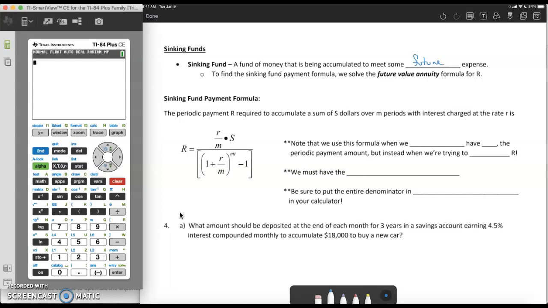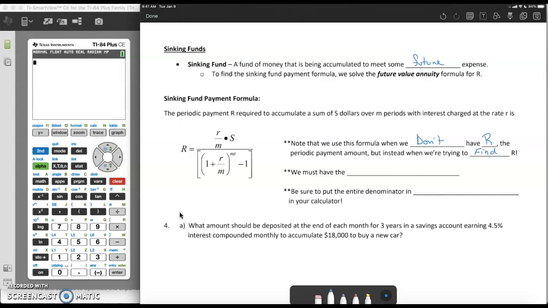It just so happens that in the sinking fund situation, this is when we don't have the big R, the periodic payment amount, but instead we're trying to find that big R amount.